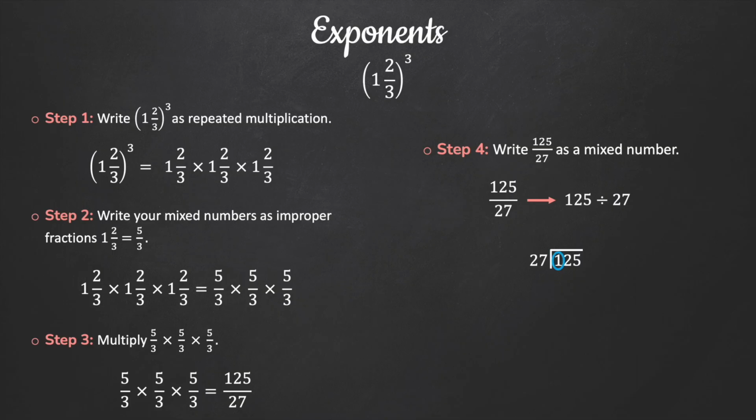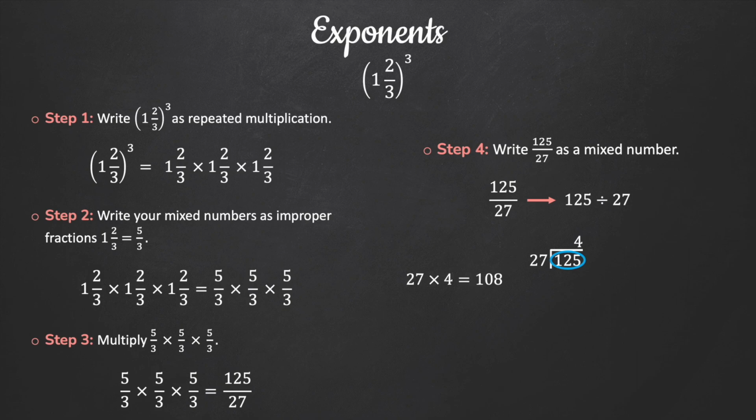And we ask ourselves, how many times does 27 go into 1? Well, it doesn't. So then we ask ourselves, how many times does 27 go into 12? And it doesn't. So we ask ourselves, how many times does 27 go into 125? And 27 goes into 125 4 times.